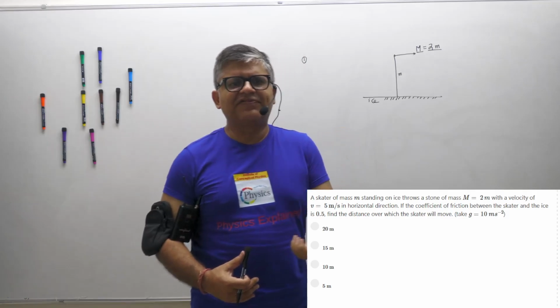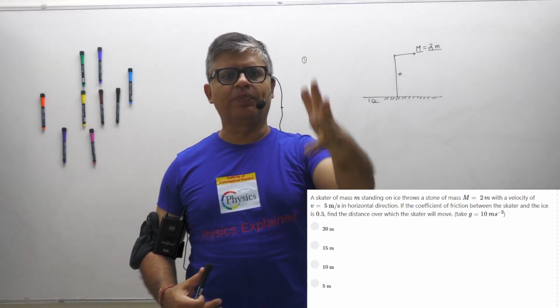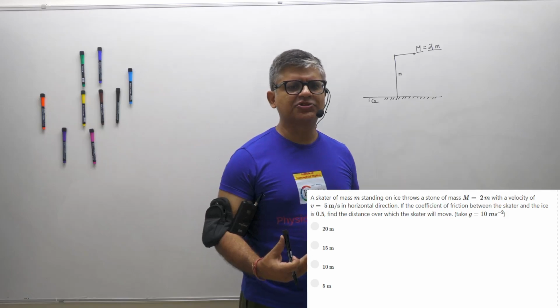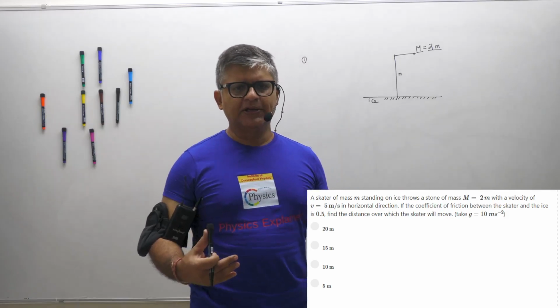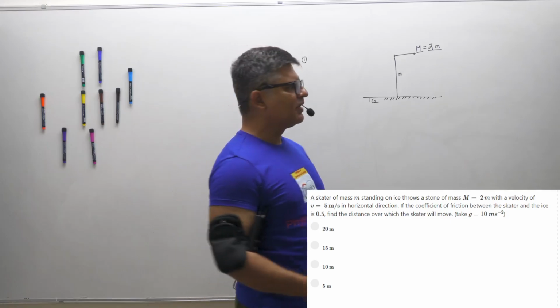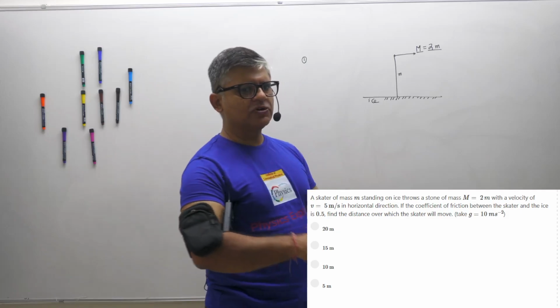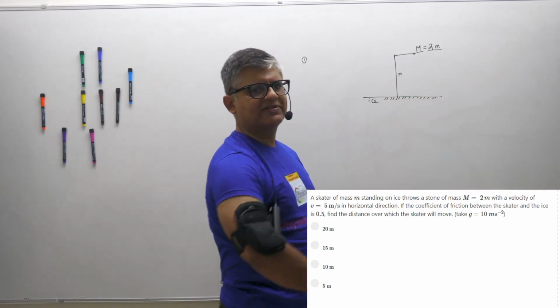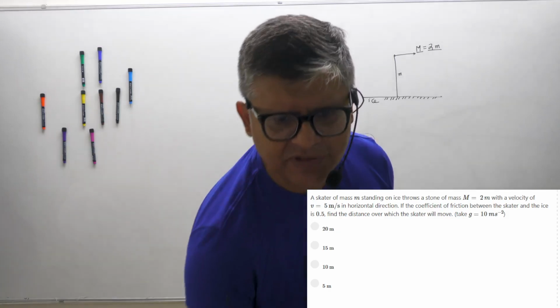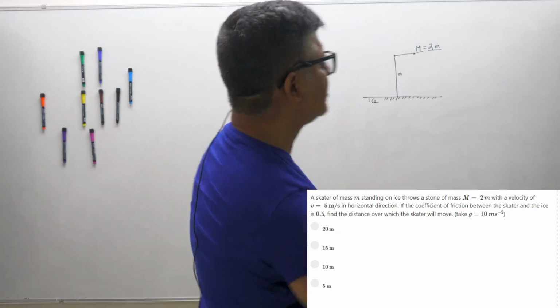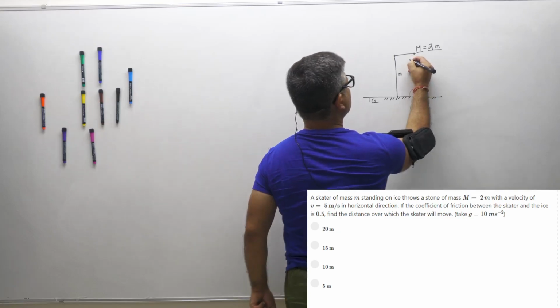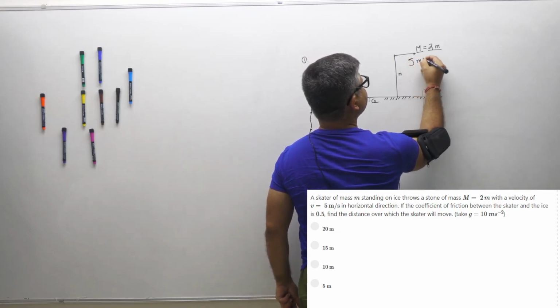But first things first: why do you move when you throw? You have to think about it. You're doing mechanics. In any situation where you throw the stone with some velocity, the velocity with which you have thrown is 5 meter per second.